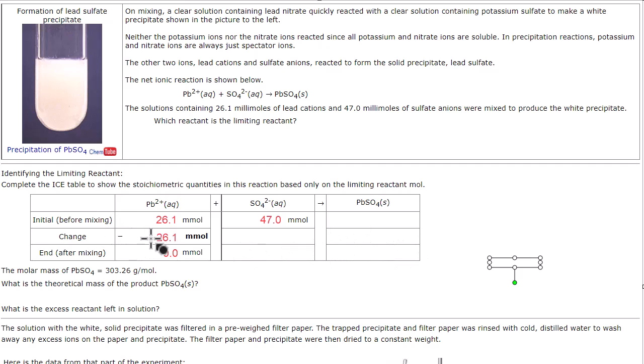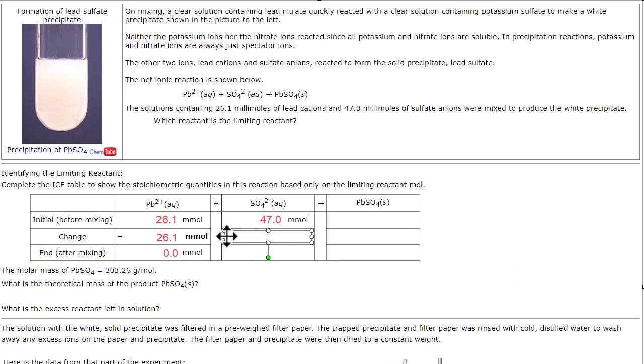But in this change row, and this is important, once you know one of the values, you can find all the other values in the change row using the coefficients. And in this case, we've got a pretty easy setup because we've got 1, 1, and 1. Since they all have the same coefficients, they will all be 26.1.